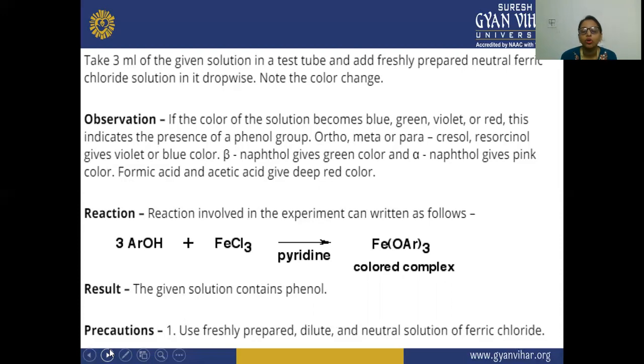Ortho, meta, or para cresols and resorcinols give violet or blue color, beta naphthol gives green color, and alpha naphthol gives pink color.